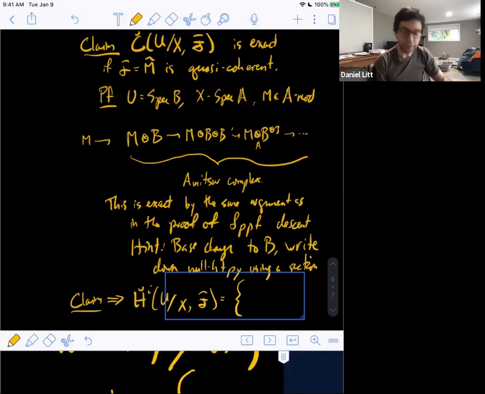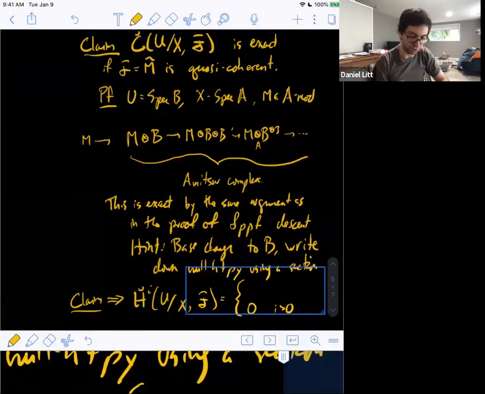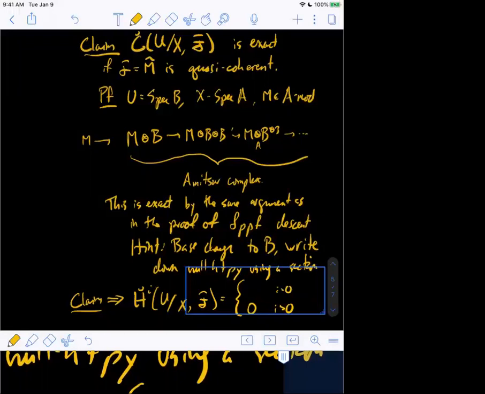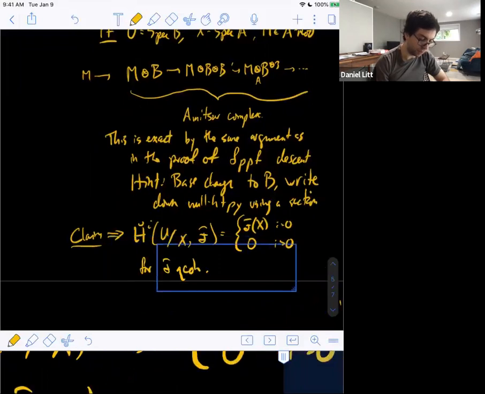Benjamin says it vanishes away from degree 0, so it's 0 if i is bigger than 0. What is it in degree 0? Global sections. Yeah, so it is what Čech cohomology always is: global sections. This is for F quasi-coherent and U, X affine.